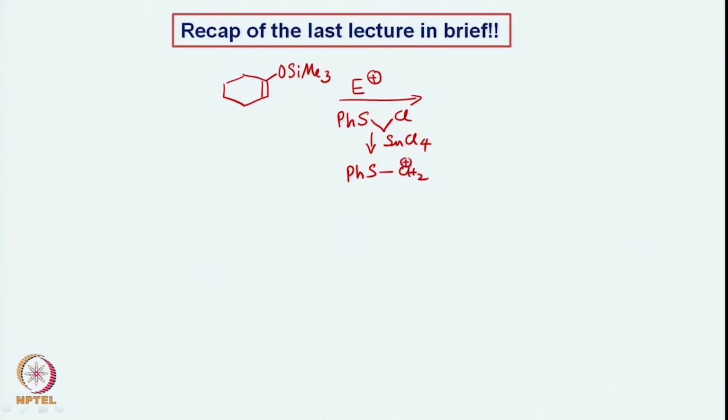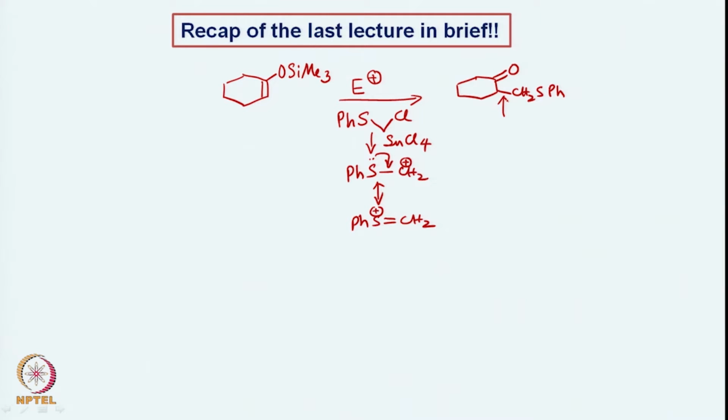This carbocation is generated because the sulfur stabilizes it. This is how one can allow such electrophiles to react with the enol silyl ether and introduce the CH2S phenyl group, giving a C-C bond formation.